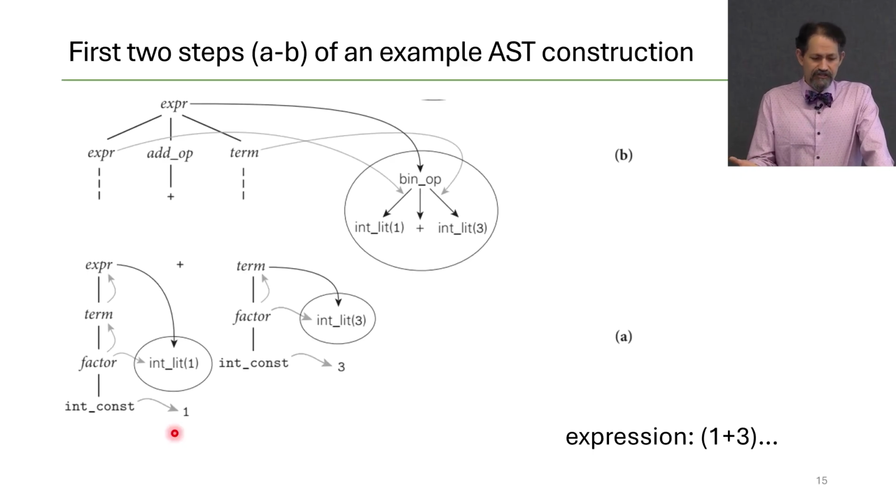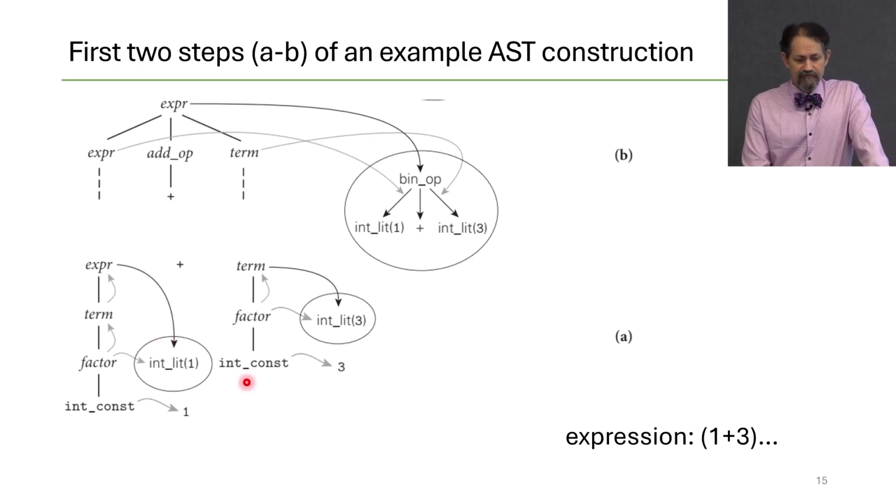Typically, this int const is part of our AST, and 1 is the token that int const corresponds to. We then recognize a factor, and then that factor will return an int const. We return that to term. Term returns that to expression, and then expression refers also to this intlit of 1 variable that we generated when we parse the factor.